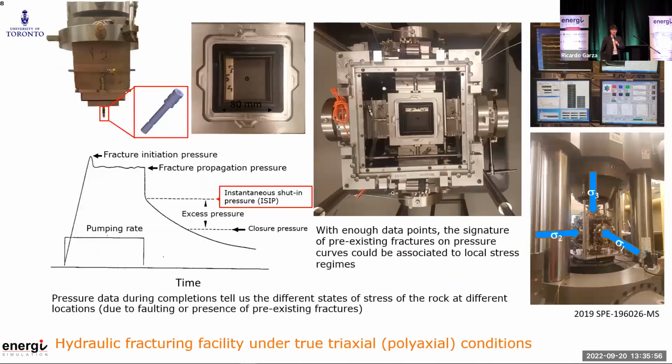Then we modified this system and added the capability of using a mini packer to reproduce what the rock would see during the completion of one single-stage open hole. By doing that, we think we can reproduce the process that the rock would locally experience during the hydraulic fracturing process.